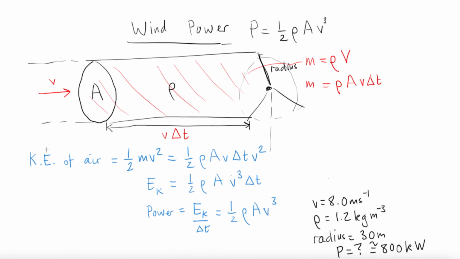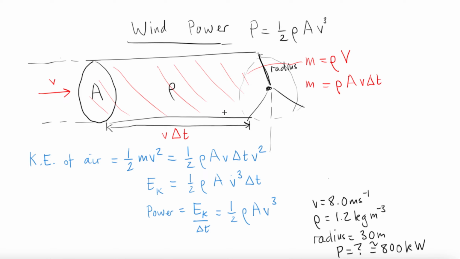Wind power is also very popular here in Scandinavia. Basically it uses the fact that a mass of air has a lot of kinetic energy, which we can use to turn a turbine, therefore generating electricity. The kinetic energy of the air, half m v squared, can be expressed as follows, because the mass of the air is rho times the volume, and the volume of the air is basically the volume of this cylinder of air.